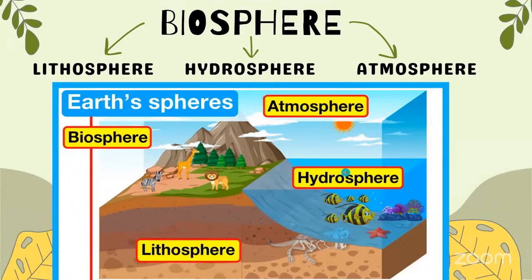Hydrosphere is basically all the water present on Earth. So may I know how many percentage is that? May I know the percentage of water on Earth? May I please get a response?